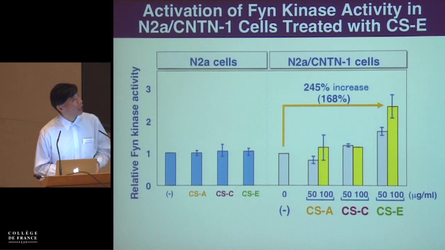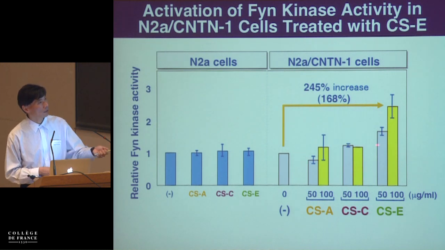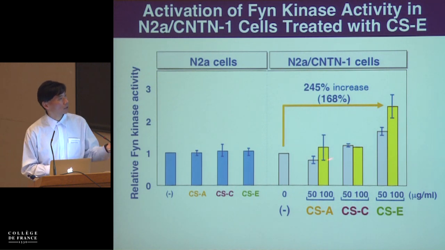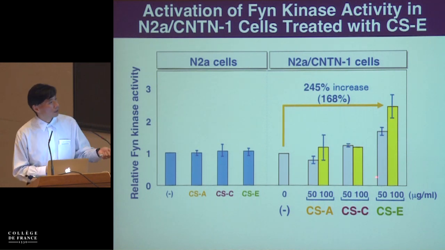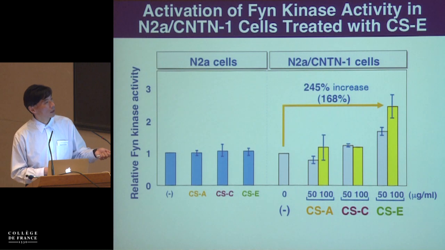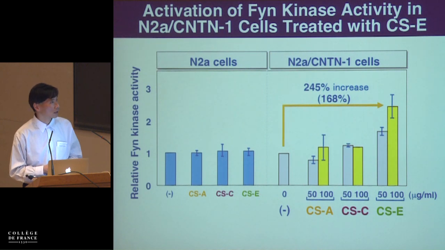As shown in this slide, the treatment with chondroitin sulfate E brought about a significant increase of Fyn kinase activity in a concentration-dependent manner as compared with non-treated cells. In contrast, treatment with CSA or CSC did not augment the Fyn kinase activity compared to the non-treated cells.